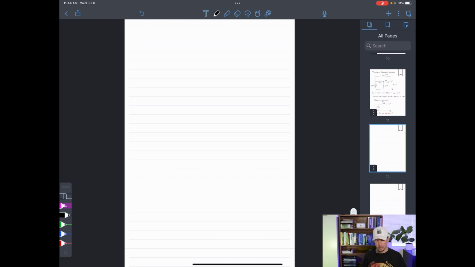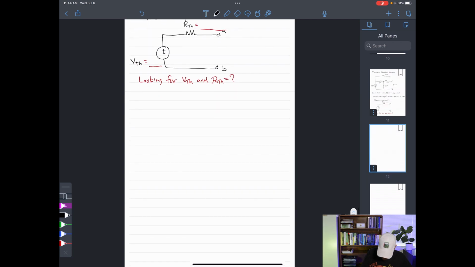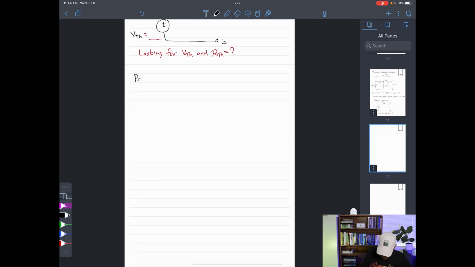From theory, one of the things that we covered was if we're actually given the circuit here up top, if we consider the open circuit and find the open circuit voltage, then that's actually going to be our Thevenin voltage. So for part one of this, we're going to consider the open circuit.